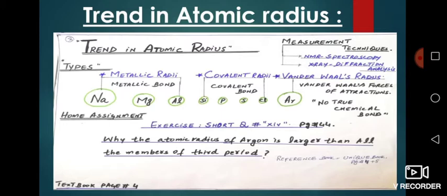Cationic radius is less than atomic radius. This is because when an atom loses an electron, a positive charge appears on that atom. That positive charge acts like a proton and it will attract the electrons more toward itself, due to which contraction in size of the ion occurs. So cationic radius is smaller as compared to atomic radius.